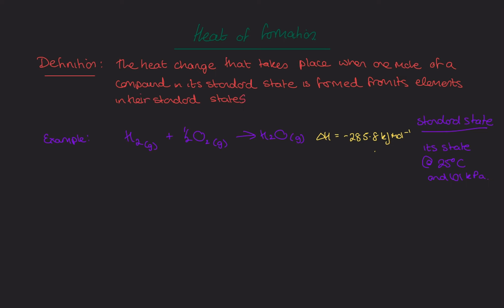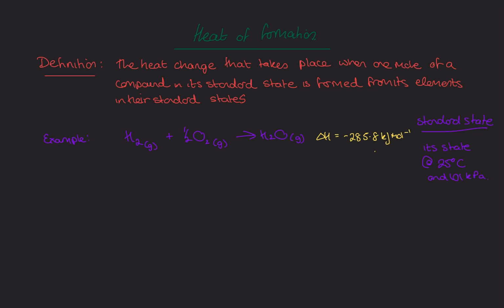So the heat change, if you look at the example: whenever we react things together, we have the potential energy or heat energy of the reactants, and then we have another heat energy of the products.